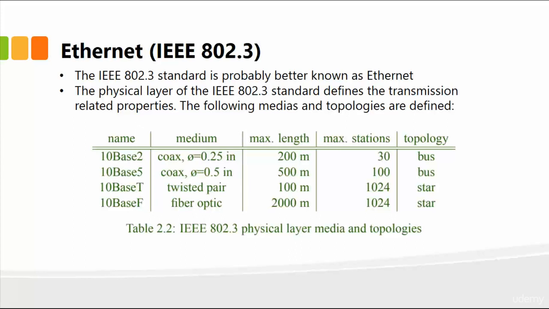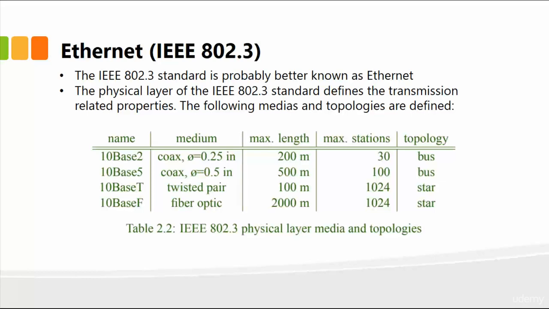The first names you may come across are 10-base-2 networks, 10-base-5 networks, 10-base-T networks, or 10-base-F networks. If someone says to you that they have implemented a 10-base-T network within their organization, this implies that they have used a twisted pair cable.